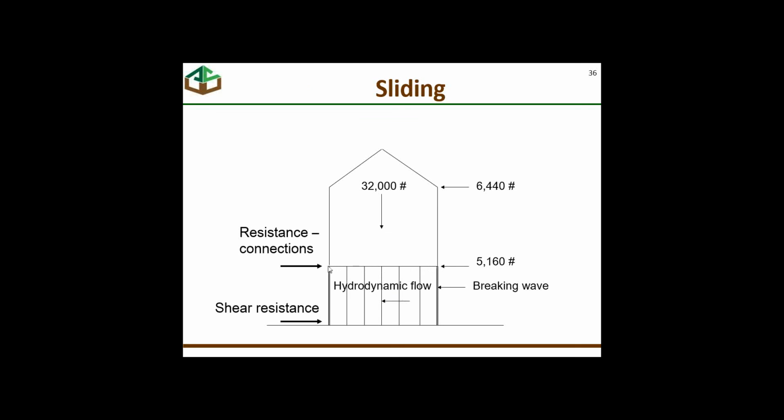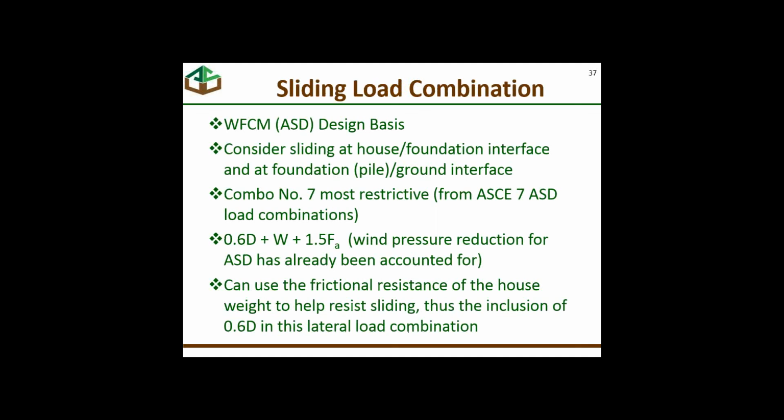So here we have to resist the wind loads at this lateral interface. And we can use the weight of the building to create friction here, so the weight can be used. And then we have shear resistance that includes all the loads, including the water loads, down here at the pile to surface ground interface.